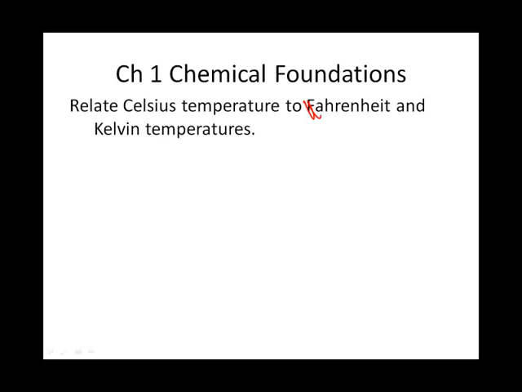You really are not going to have to focus on the Fahrenheit temperature scale, but you should know things on the Celsius and Kelvin temperature scale. For example, you should know what is significant about the temperature 0 degrees Celsius or 100 degrees Celsius.